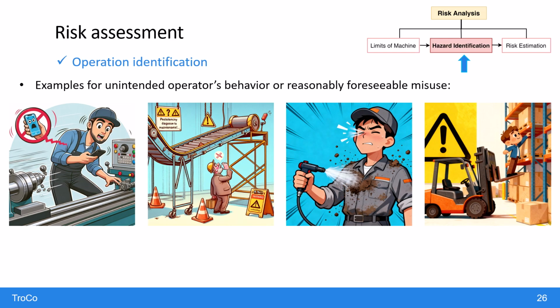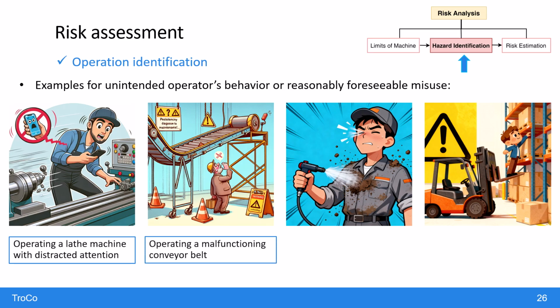Here are some examples of unintended operator behavior or foreseeable misuse. First example, an operator uses a lathe machine while texting, causing an accident due to loss of focus. Second example, a worker continues using a malfunctioning conveyor, despite warning signs, risking injury or breakdown.